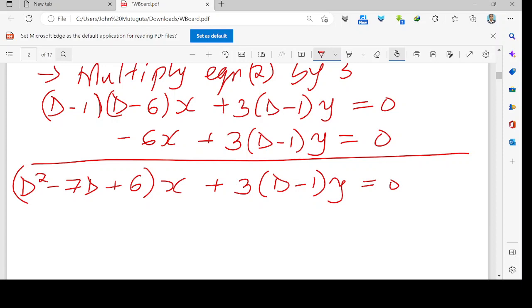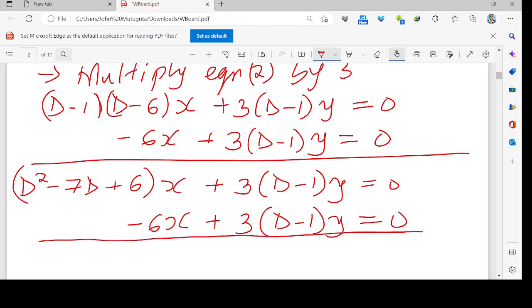In the second equation, we have minus 6x, and then plus 3 into d minus 1 operating on y is equal to 0. If we want to eliminate y, we get the difference between these two equations.